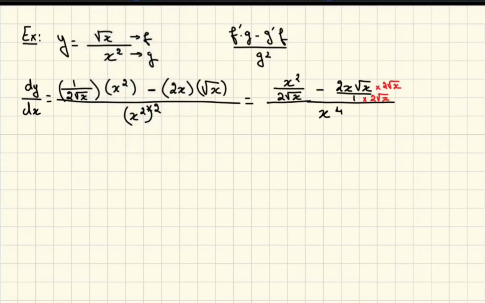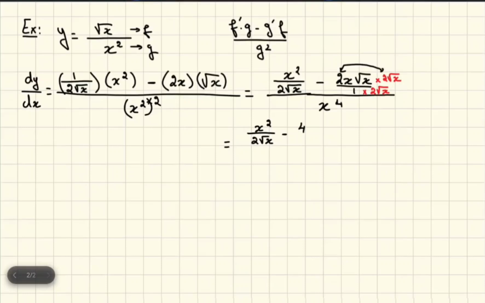Now I continue, and I will get x squared over 2 radical x for the first one, minus 2 multiplied with the 2 will give you 4. So you write 4. X is just x, and as I said before in the previous video, radical x multiplied by radical x will give you radical x squared.